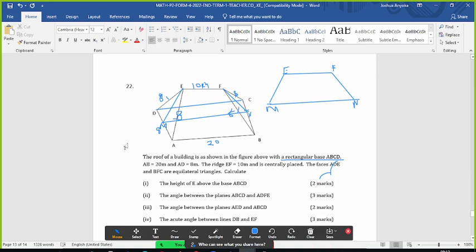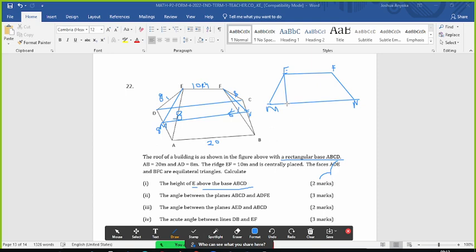Now, we are trying to analyze the figure before we answer the question. But the first question is the height of E above ABCD. So above ABCD, vertically above. So when we have extracted this trapezium EMNF, the height of E we are talking about is this distance.